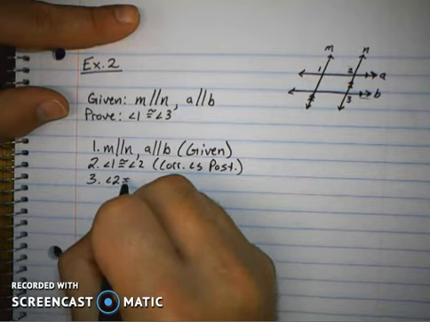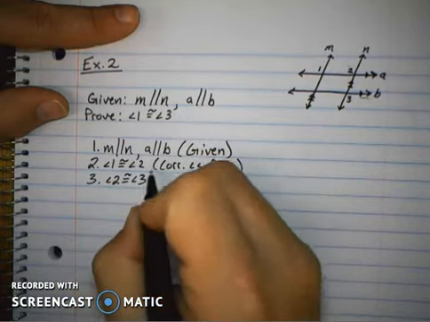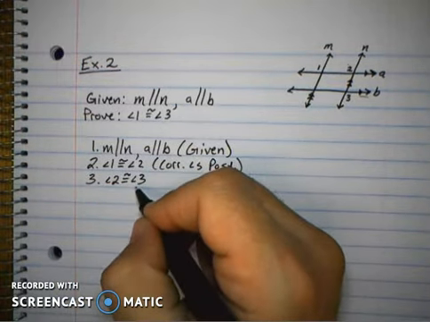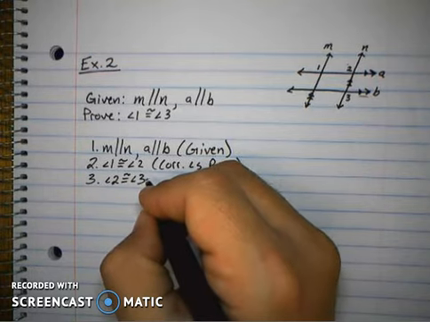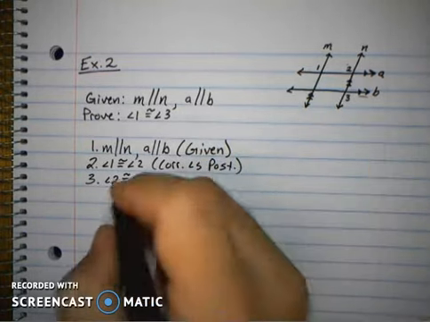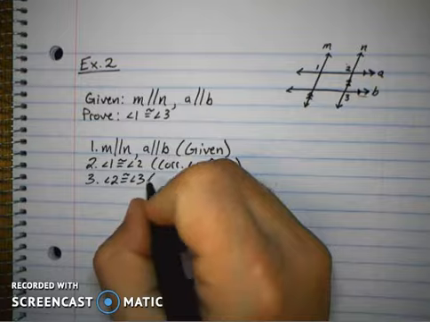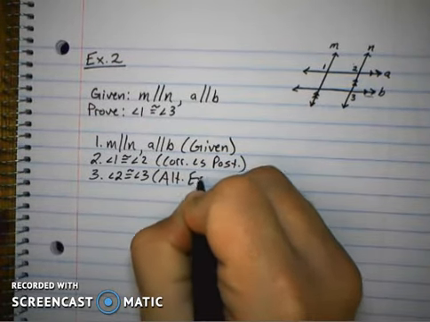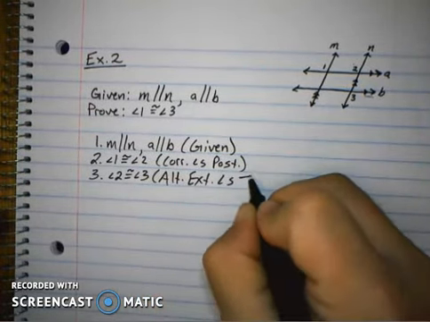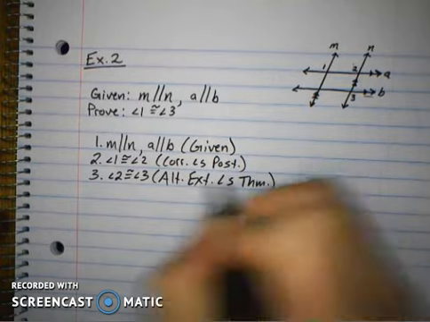So I can say angle 2 is congruent to angle 3. I don't need to change to equality for any of this because I'm not actually adding or subtracting anything. I'm not using an equation. I'm just saying that they're the same measures by stating congruence. Again, 2 and 3 are alternate exterior angles. That's the alternate exterior angles theorem that makes these congruent.